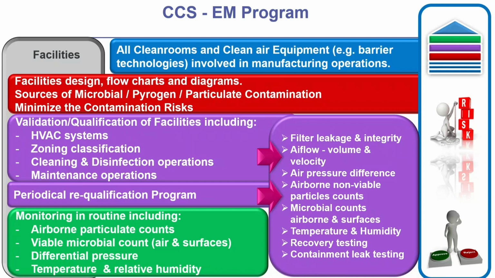At the right part, you have an example of the elements to consider, for filters, all the elements with the linkage, integrity, and all the parameters for filters, but also non-viable and viable environmental monitoring, and also temperature and humidity should be considered in this program. After that you have monitoring in routine that should include airborne particulate count, viable microbial count with air and surfaces, differential pressure, temperature, and relative humidity.